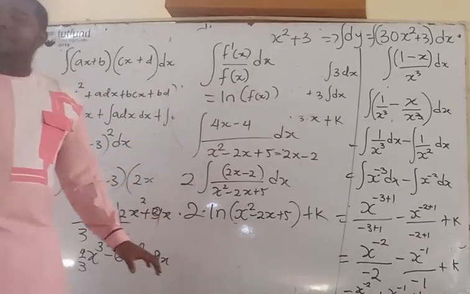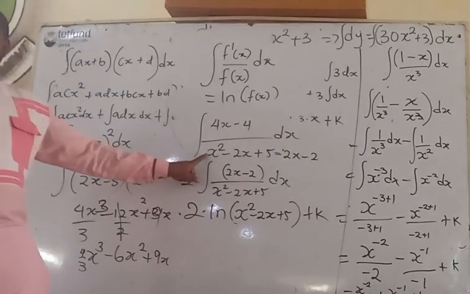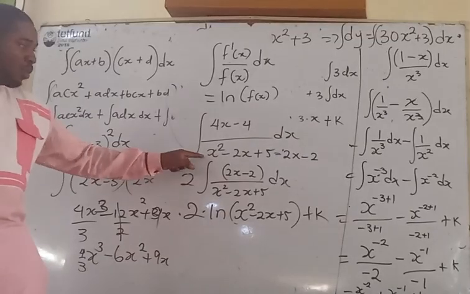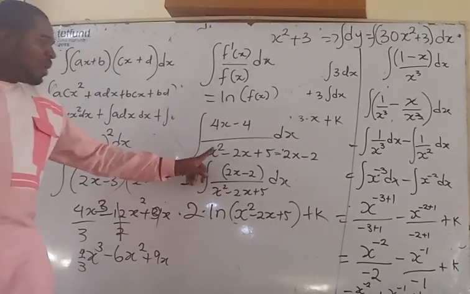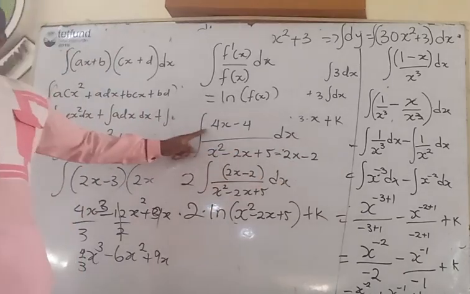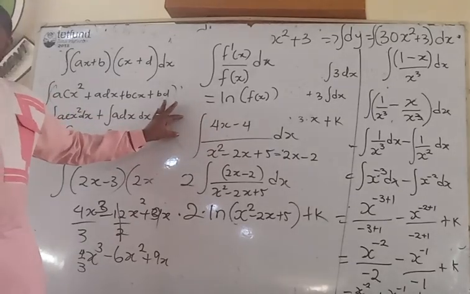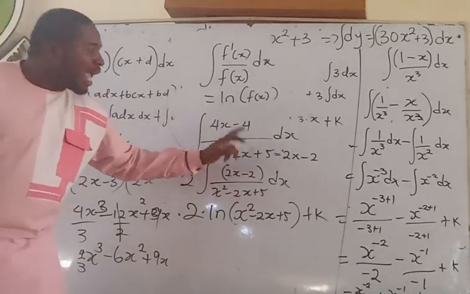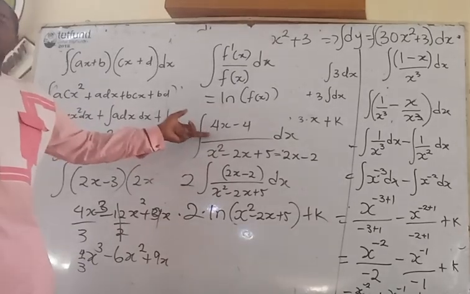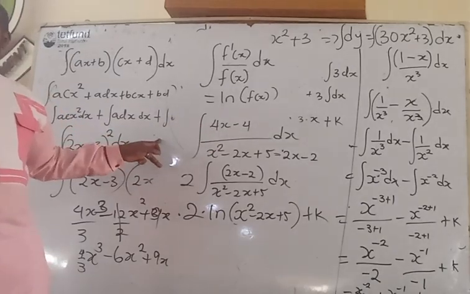If I can differentiate what is down and it's giving me what is up here, my answer is ln of what is down. But when we differentiated this, we got 2x minus 2, which is not what is here. But I can factor out 2 so that it will look like what I got when I differentiated it. 2 is a constant, so I can put that constant outside my integral.